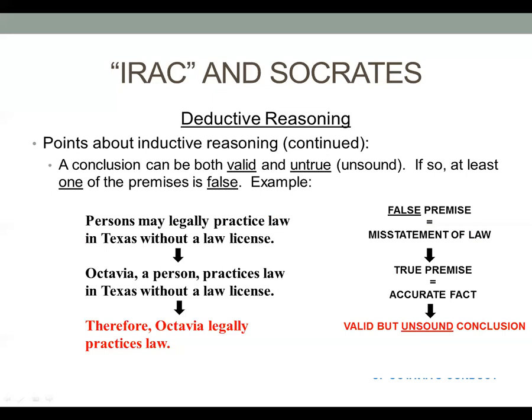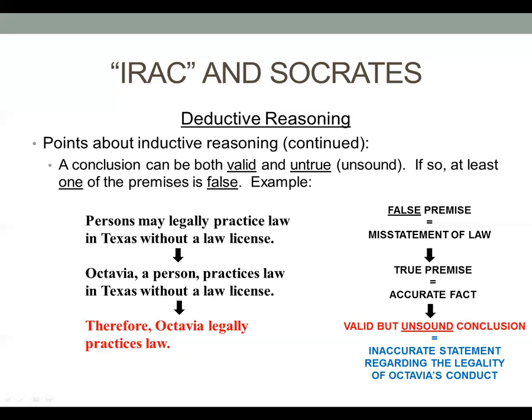That is, it's untrue because one of the premises is untrue. The first premise is the problem. It's a false premise because it misstates the law. So the result is that the conclusion, though logically valid, is an inaccurate statement regarding the legality of Octavia's conduct.